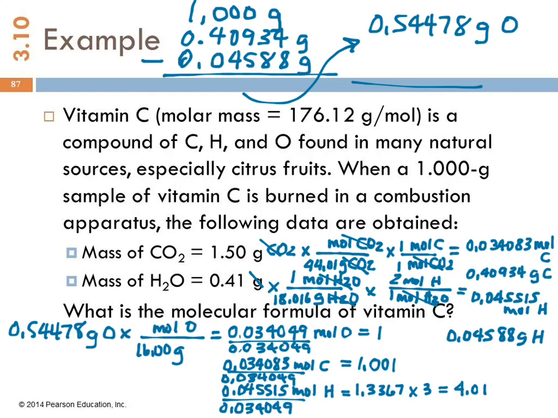I'm just writing enough decimal places to show myself that this is within 0.1 of this whole number, so I'm okay to round it. So times 3 is going to work for us. So then we need to multiply this one times 3, and this one times 3. So we want to carry plenty of digits around. When we get to the end, they're all going to become whole numbers.